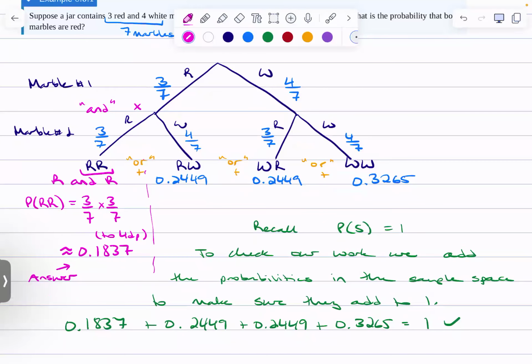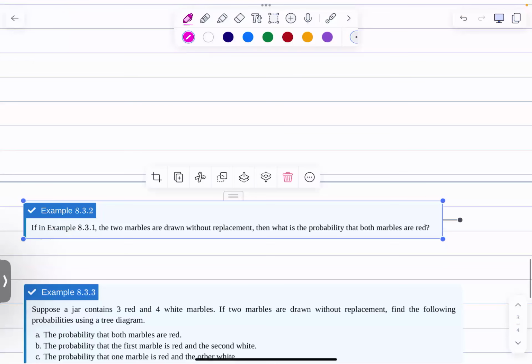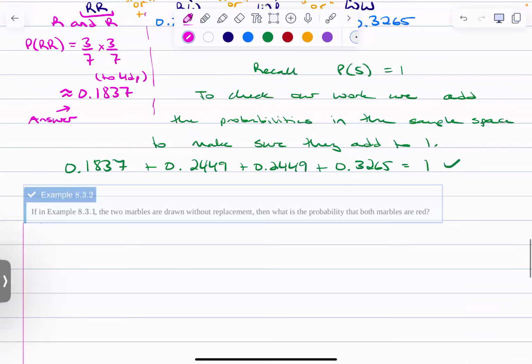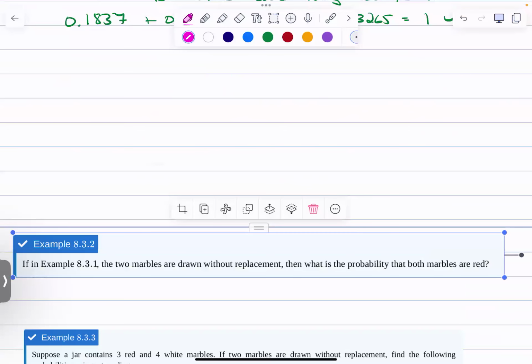Any questions about that one? Oh, maybe I'll need more space than that anyways.